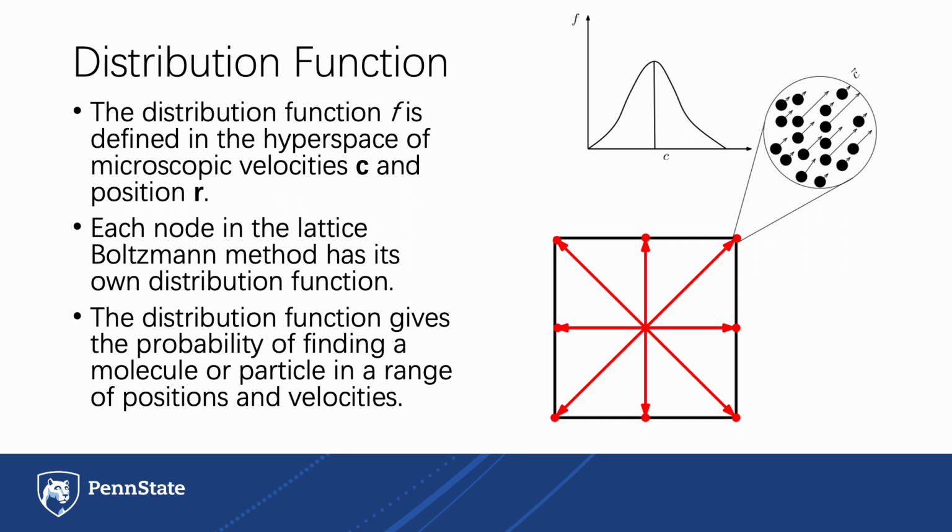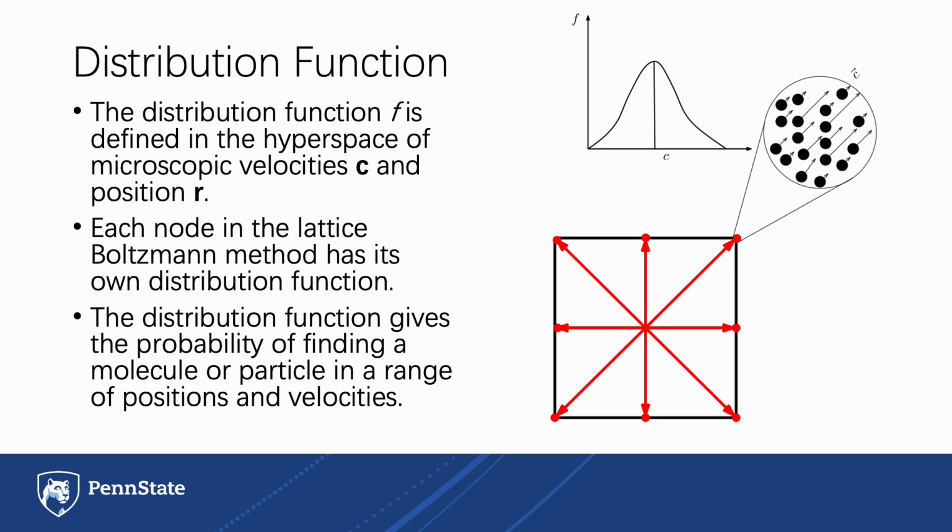So as we see in the image, we have a lattice, and we are going to develop this more in the next slides, but each node represents a cloud of particles. And this is one fundamental difference from molecular dynamics.